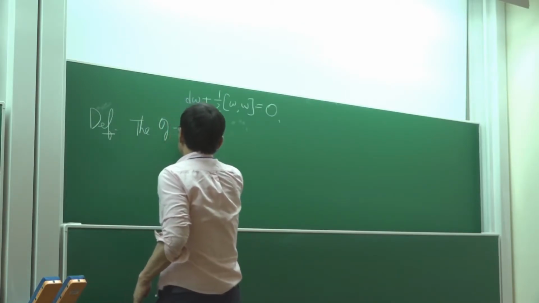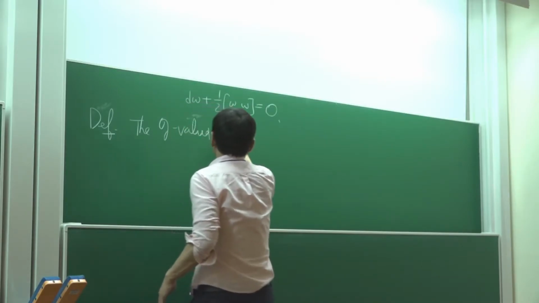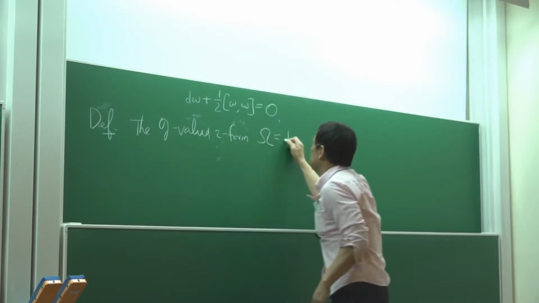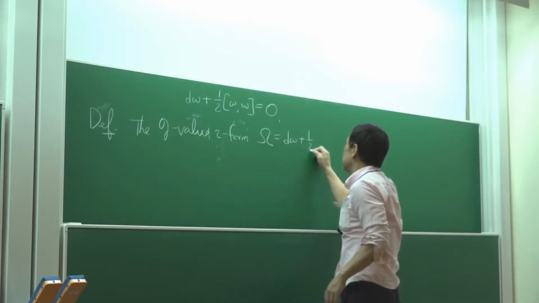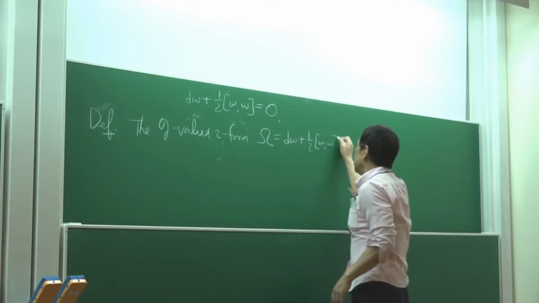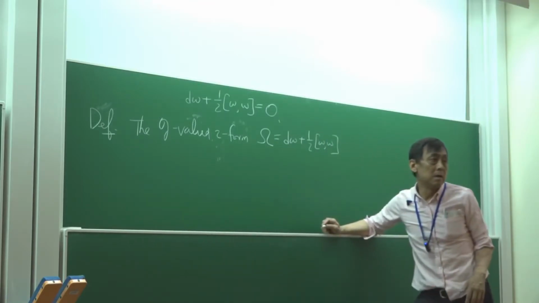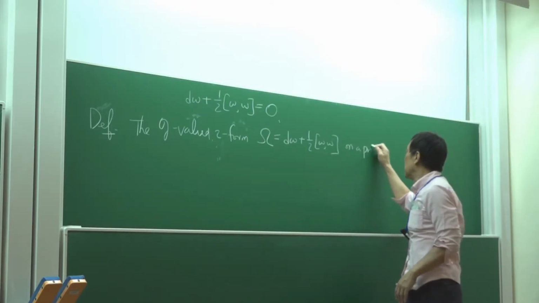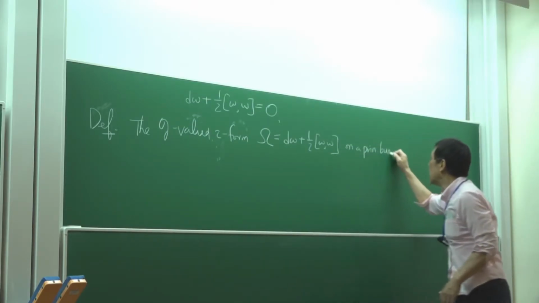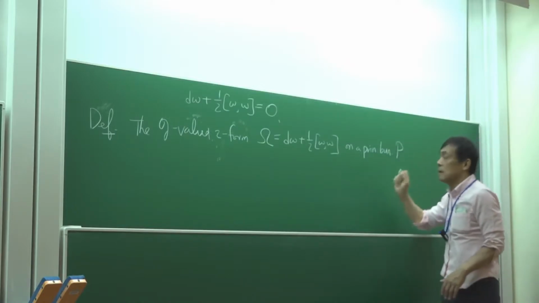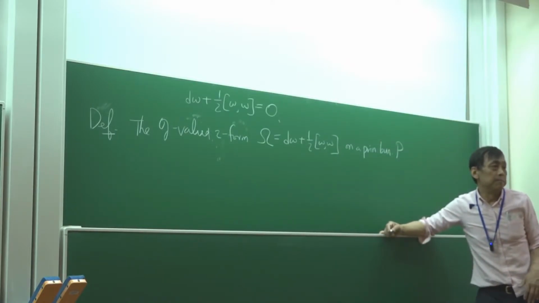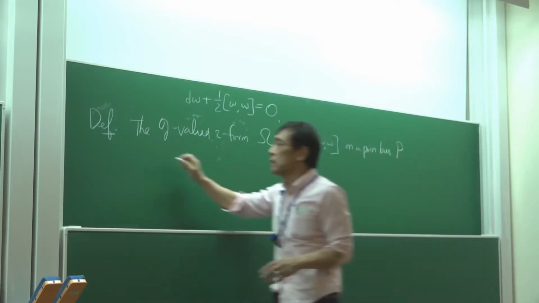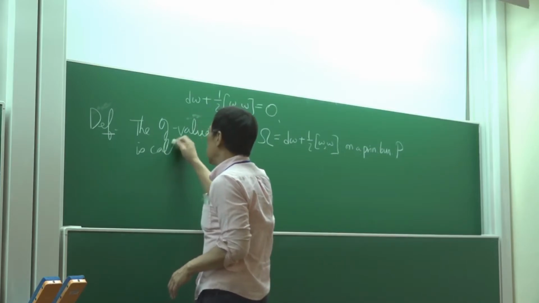The g-valued 2-form, big Omega equals d omega plus 1/2 bracket omega omega on a principal bundle, is called the curvature of the connection.